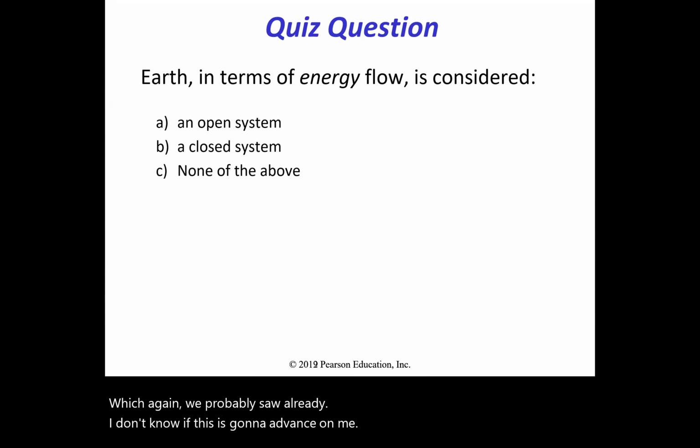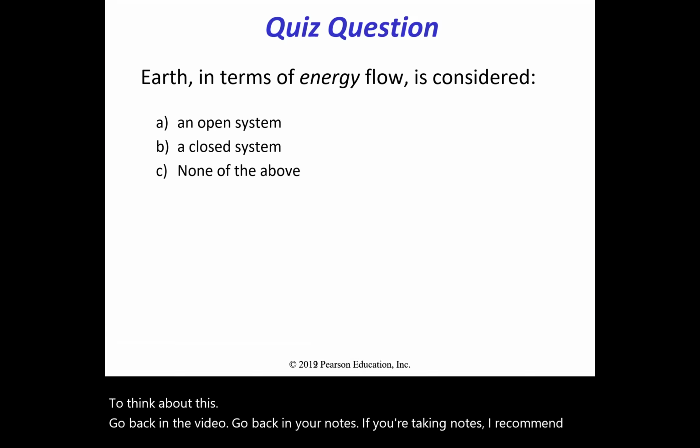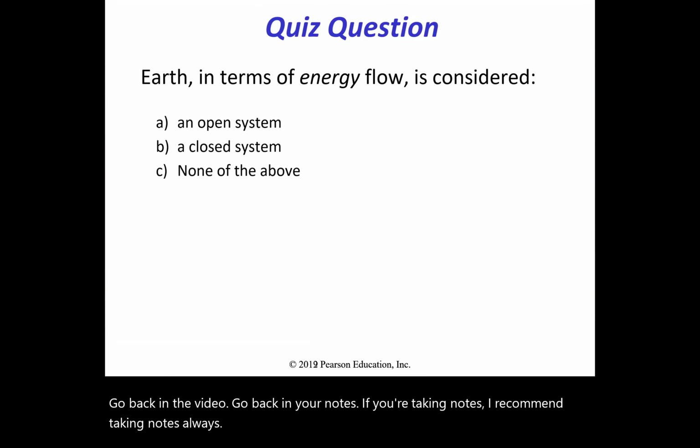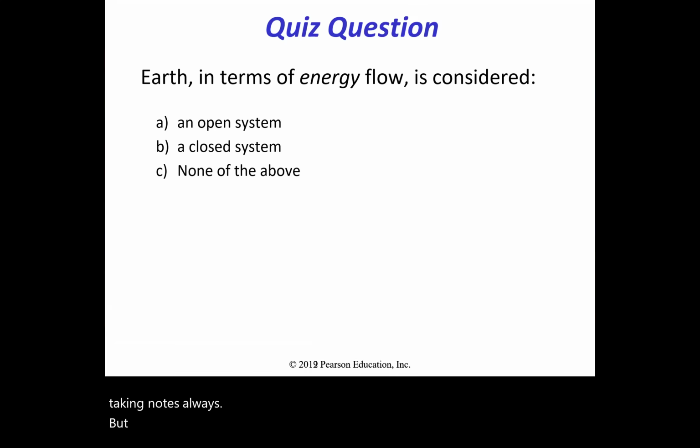Is Earth, in terms of energy flow, considered an open system, a closed system, or none of the above? If you'd like to pause to think about this, go back in the video or in your notes. If you're taking notes, I recommend taking notes always.